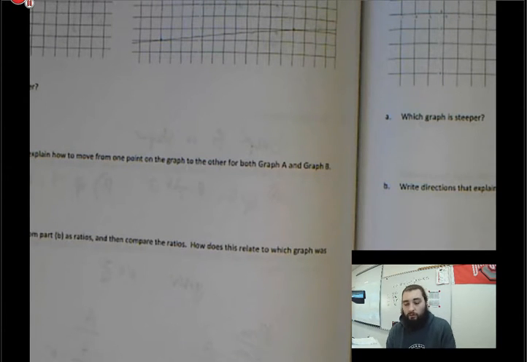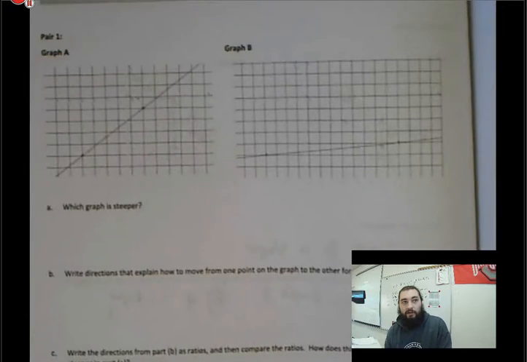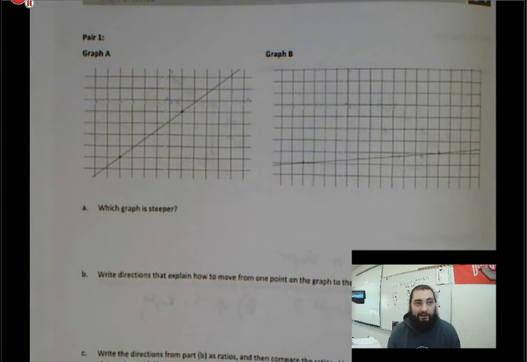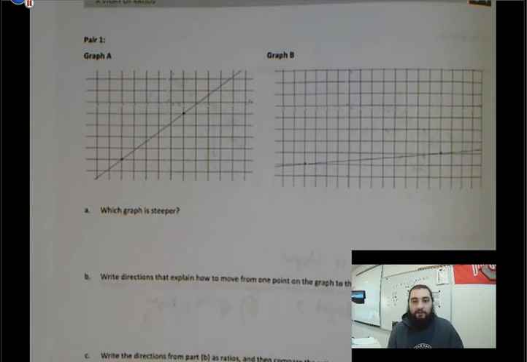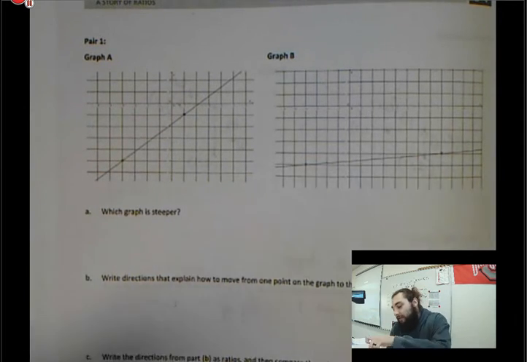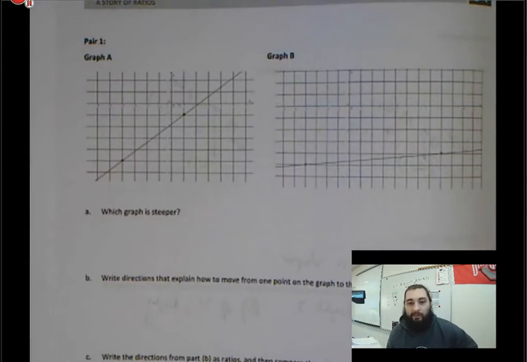Today we're going to be in Module 4 on page 156. This is going to be a fairly short one today. We're just going to be looking at this one pair of graphs here. Just like the last video, we're comparing equations, not just in terms of what they look like as equations, not just what they look like in a table, but here looking at what they look like on a coordinate plane.